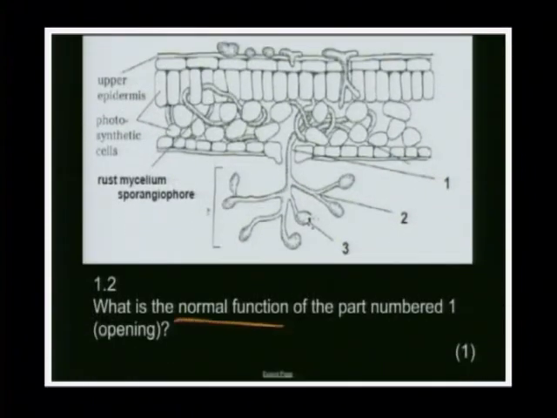What is the normal function of part numbered 1, which is the opening? And remember, we said the guard cells or the stomata. Now that they've said it's the opening, we know it's the stomata.